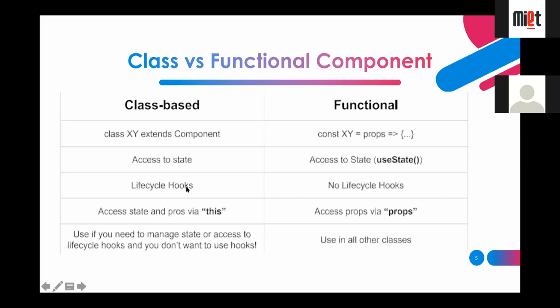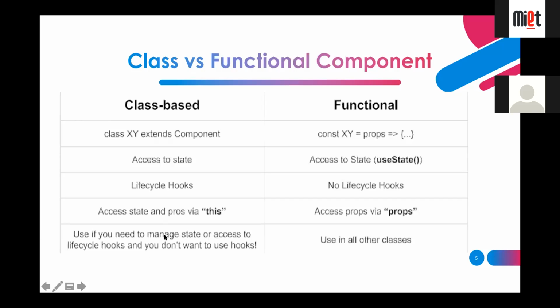There are life cycle methods in class-based components, and there are hooks, but you can almost duplicate the life cycle methods via hooks. Class components have access to state and props via the this keyword. Those who know JavaScript must be aware of the this keyword. Access to props in functional components is done via the props argument, which you always get as an attribute in the functional component.